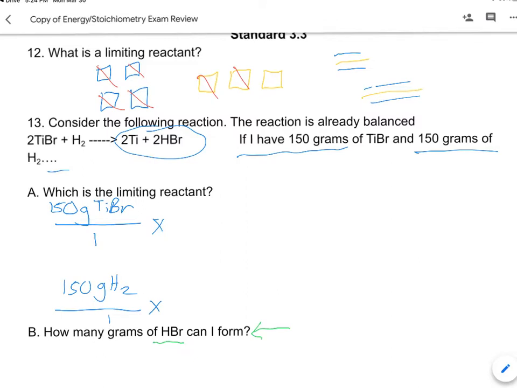So I want to save myself some time and not have to do this problem twice essentially, and I'm going to pick that product. So this is going to be my endpoint, grams of hydrogen bromide.